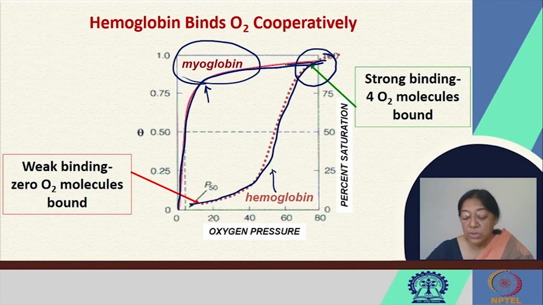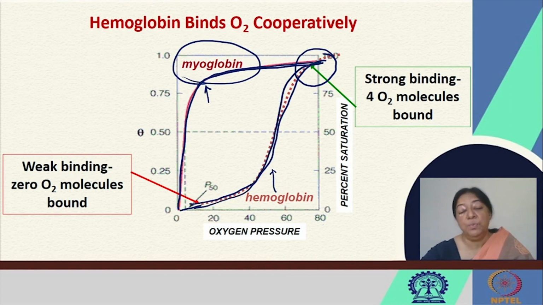But as we go near the tissues, myoglobin will still retain its affinity for oxygen, but hemoglobin would release its cargo and then would gradually get back to a situation where, if it came back to the lungs with higher oxygen concentrations, it would bind four oxygen molecules and release them near the muscles where the partial pressure of oxygen is low.